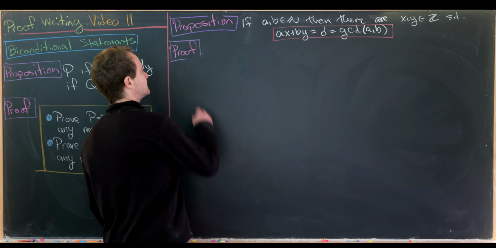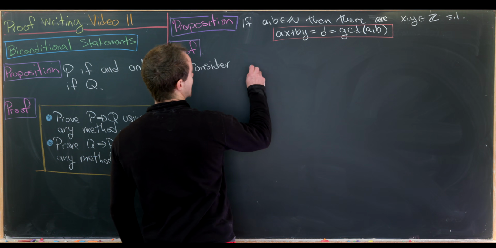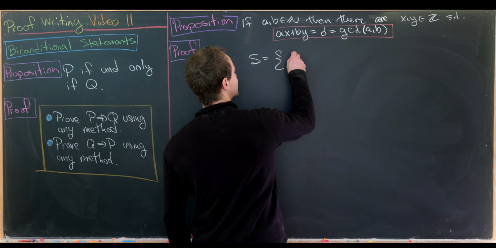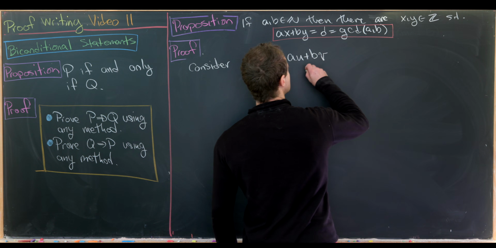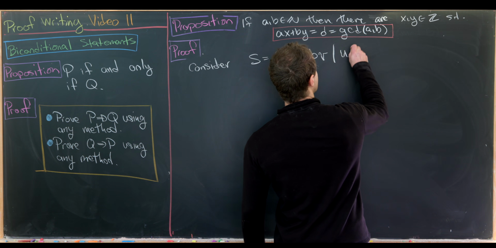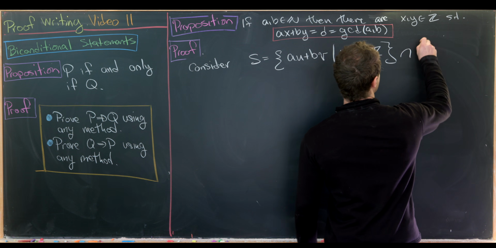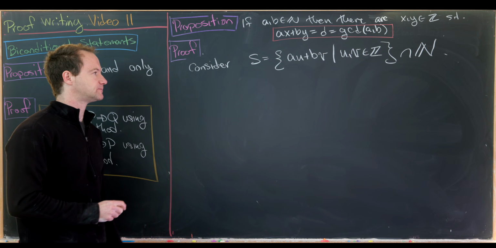So let's get going. So let's consider the following set. So I'll call that set S. And it'll be everything of the form au plus bv, where u and v range over all integers. And then we'll take that and intersect it with the natural numbers.